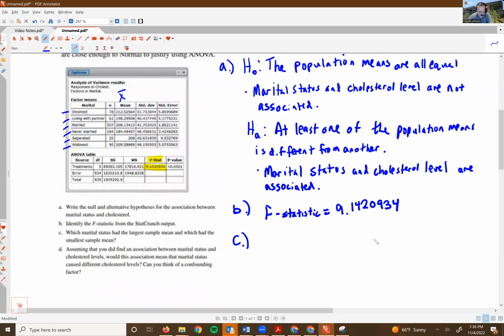So it looks like the largest one is 212.52564, the divorced.